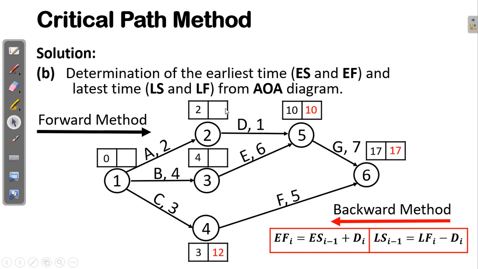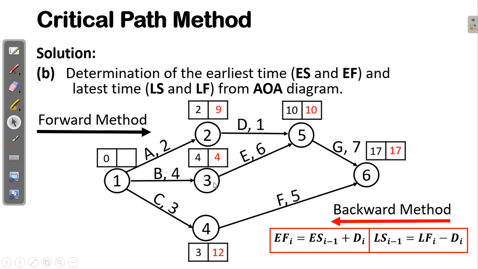We are going to have 9 there. For the late start time of activity E, we take the late finish time of this activity E at this node, which is 10, minus duration, and we are going to have 4 here, and 9 there. So this is the late start time of activities D, E, and F.